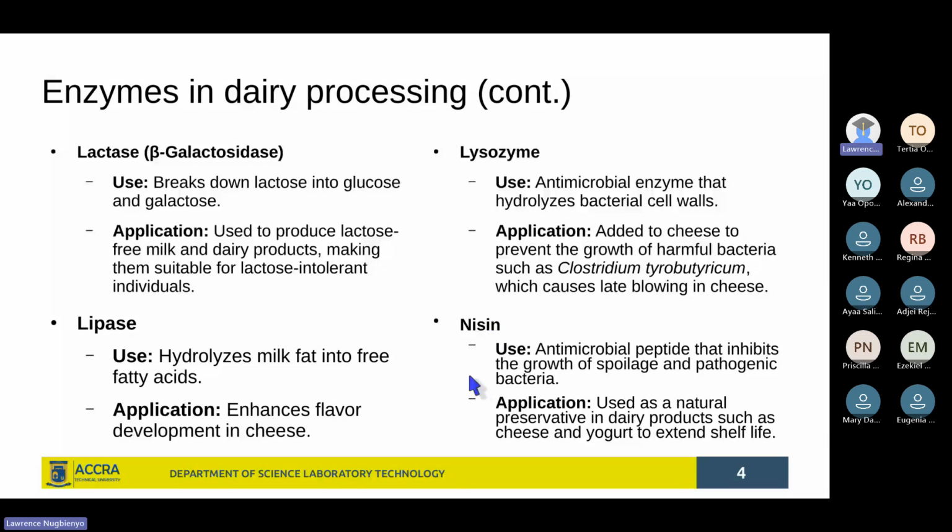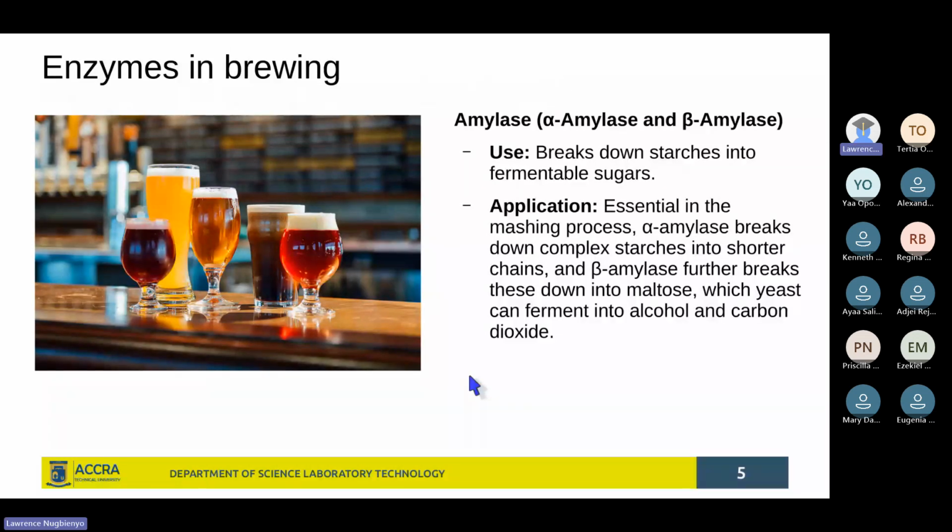Then you can also look at the brewing industry. The brewery industry is where you have production of alcohol, and of course, alcohol mainly is produced from carbohydrates. So you have carbohydrates that undergo some process of fermentation, and in that fermentation process, alcohol is produced.